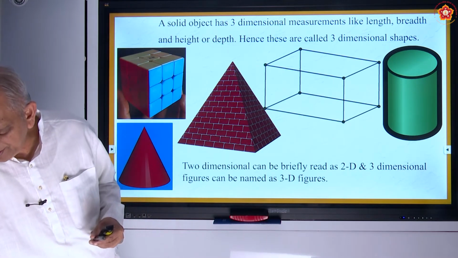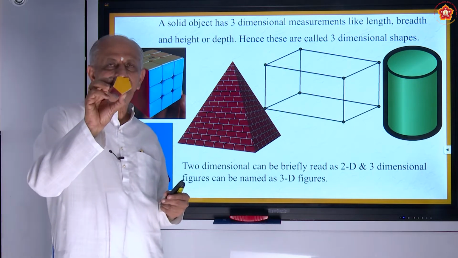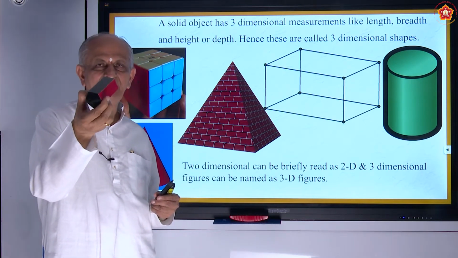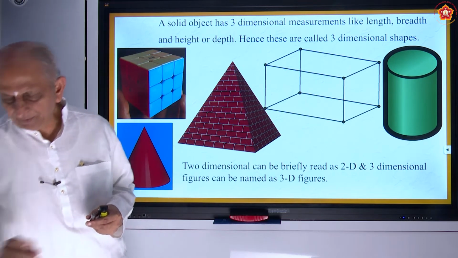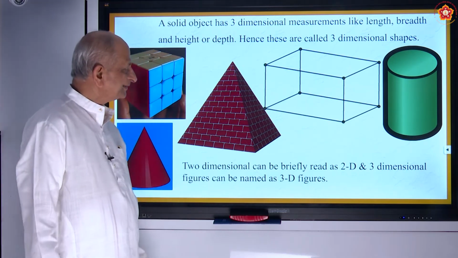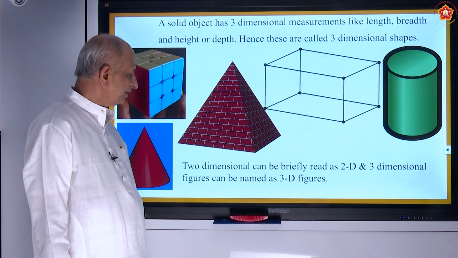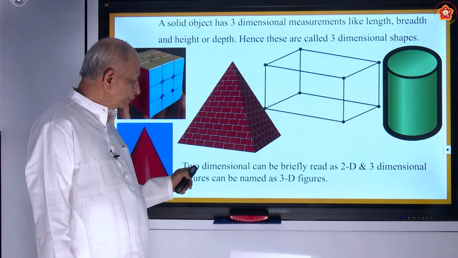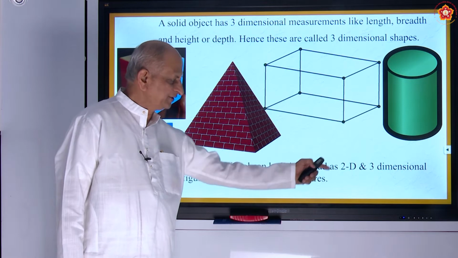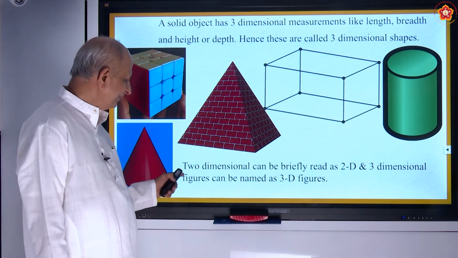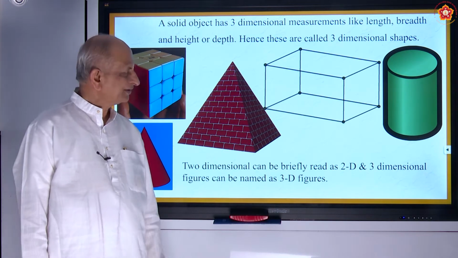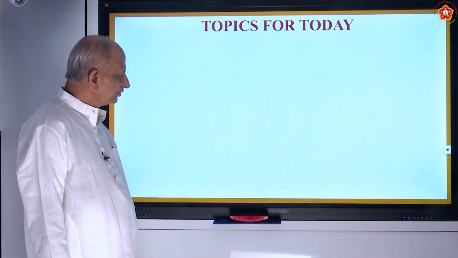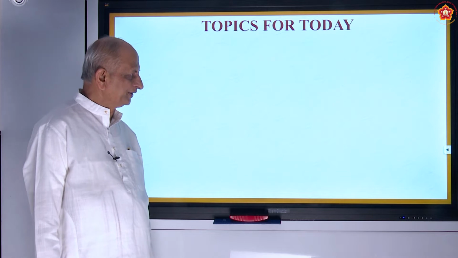This is another kind of prism, a pentagonal prism. Here the base and top will be the same. These are some of the three-dimensional shapes. For two-dimensional we call them 2D shapes, and three-dimensional figures we call 3D figures. This is something you already know.